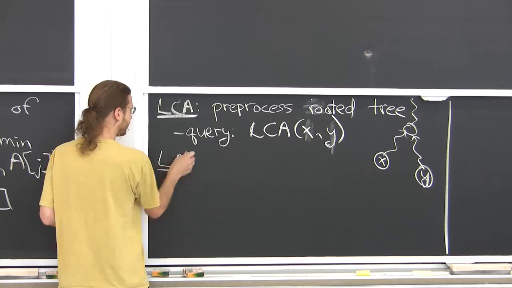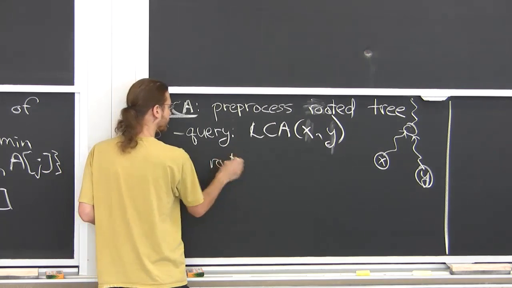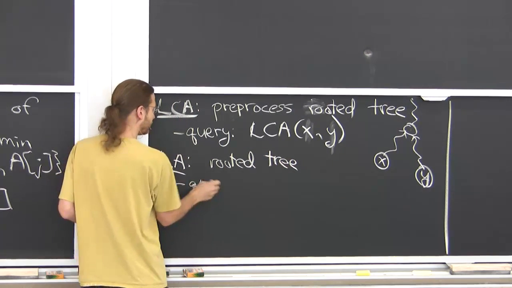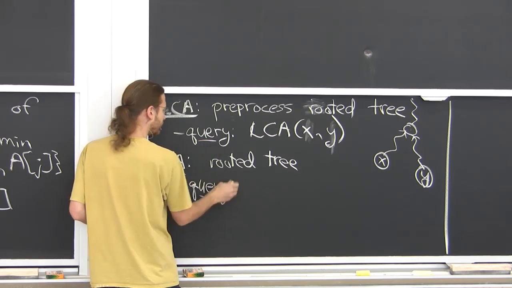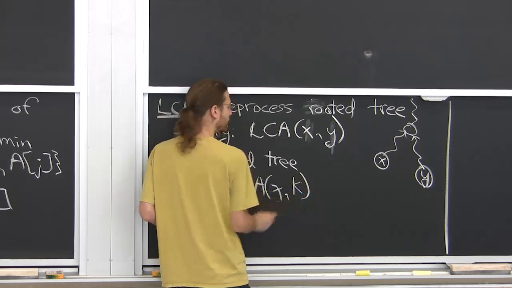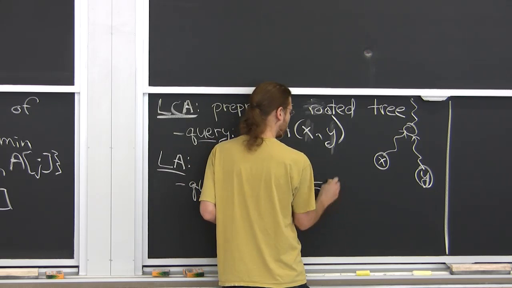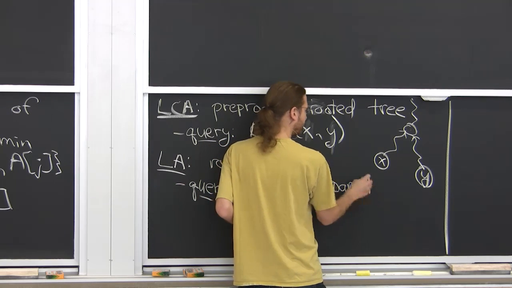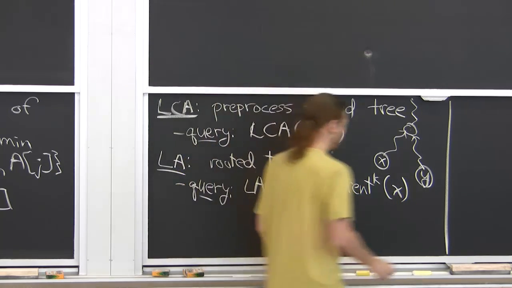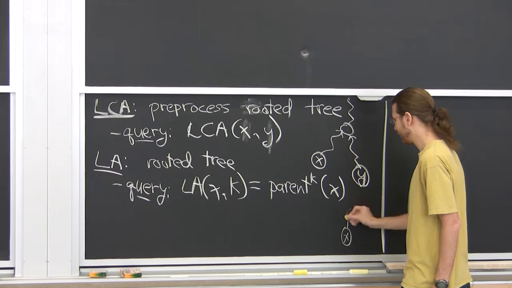And then another problem we're going to solve is level ancestor, which again, pre-process a rooted tree. And the query is a little different. Given a node and an integer k, positive integer, I want to find the kth ancestor of that node, which you might write parent to the k, meaning I have a node x, the first ancestor is its parent.